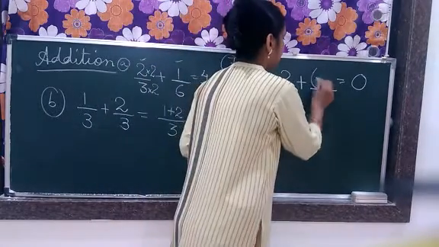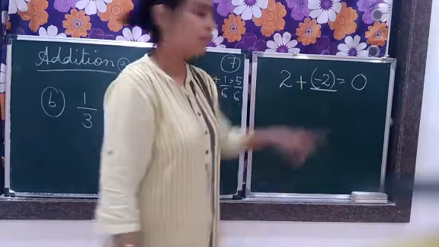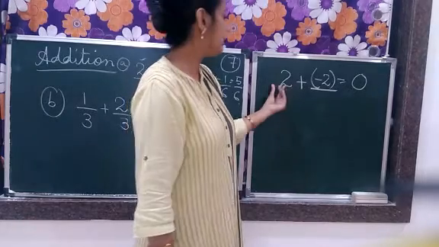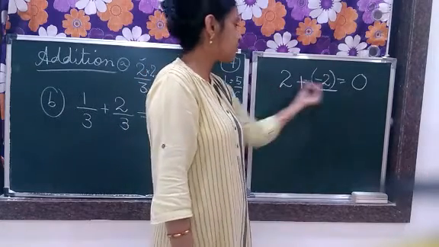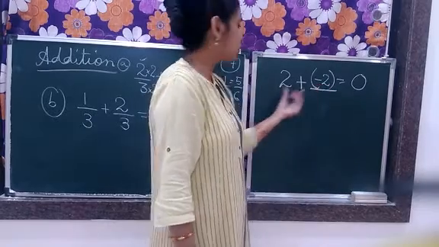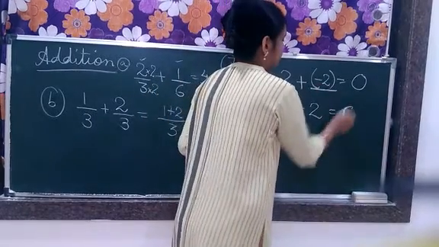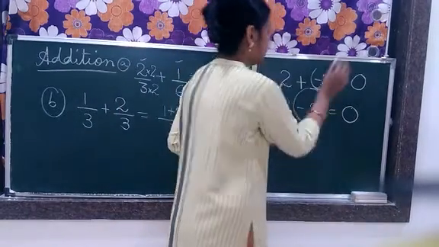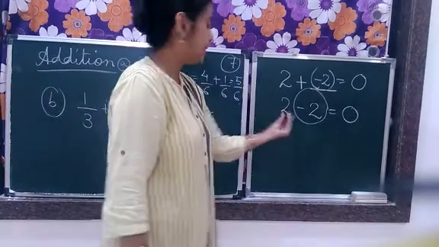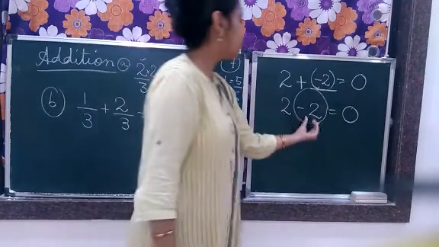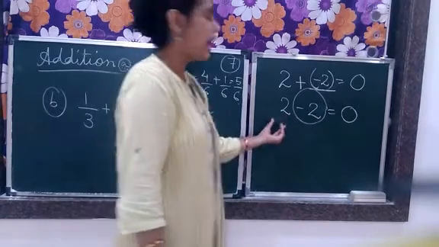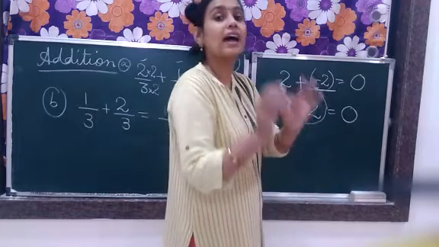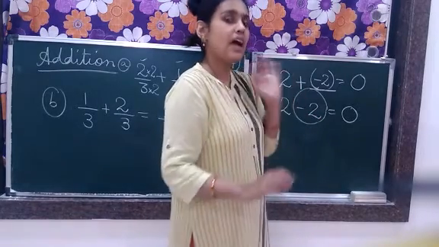Yes, it is. What is this? Negative of the same number. Yes, negative of the same integer. This number, when added to a given number and the answer is 0, is known as additive inverse.